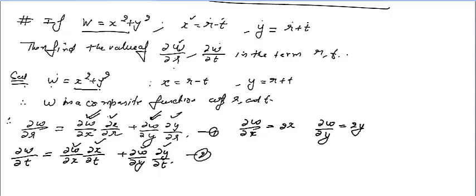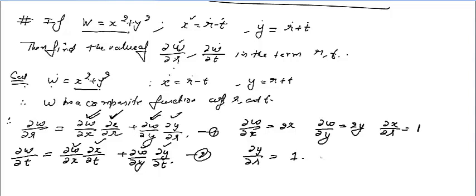Now next I will find ∂x/∂r. When you differentiate x with respect to r, the result will be 1, because the derivative of r with respect to r is 1 and t is constant, so that will be 0. Now ∂y/∂r is equal to 1.